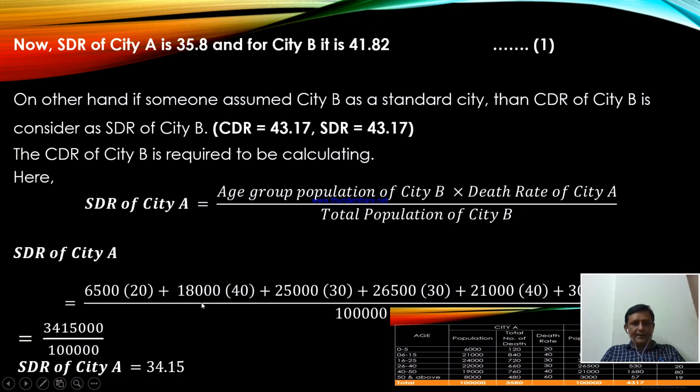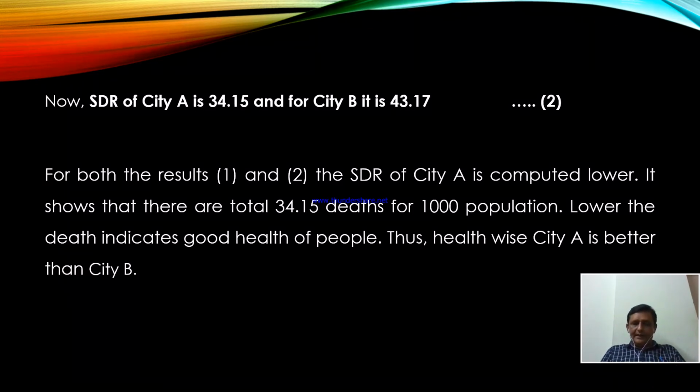That is what we have checked. 25,000 is the population of the third age group, whereas the death rate in city A for the third age group is 30. And 26,500 is the population in the fourth age group, and the death rate is 30. And vice versa, we can calculate this.